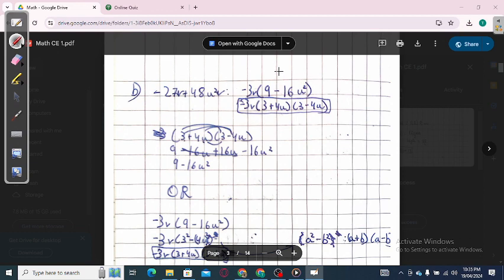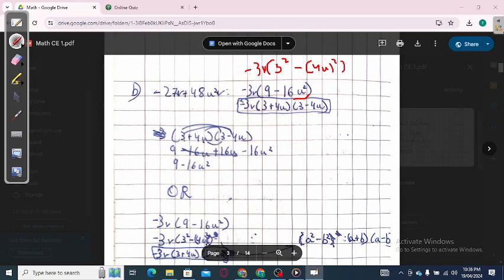Now after this, again you can apply the difference of squares, so negative 3v times, now what's the root of 9? 3 squared, so 3, so you square it to get 9, right? So you write down 3 squared minus, what's the square root of 16? 4 squared, that's right. And notice you have the u squared, so you can write this as 4u squared.